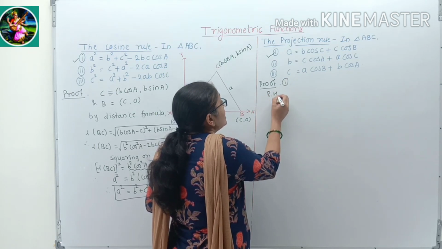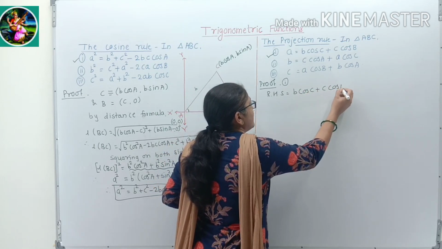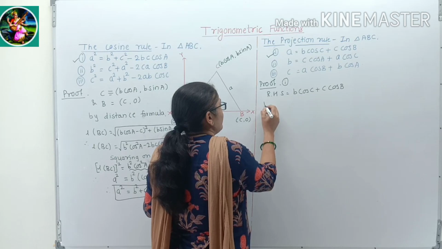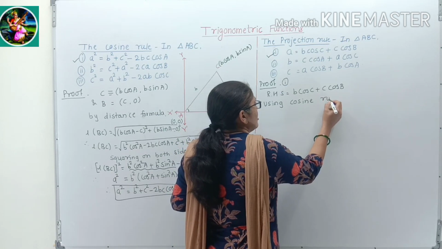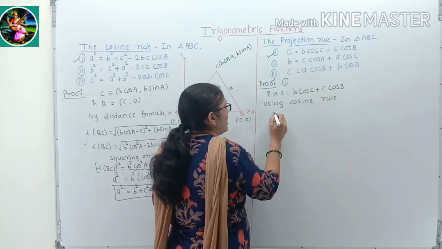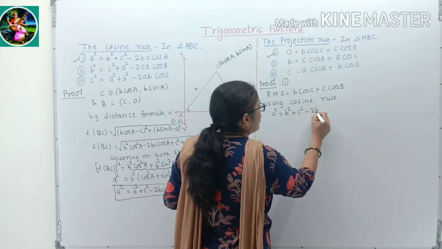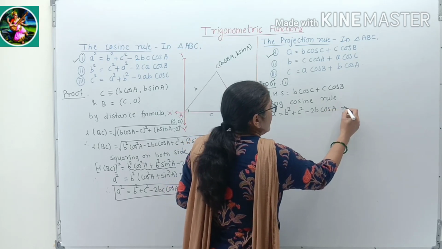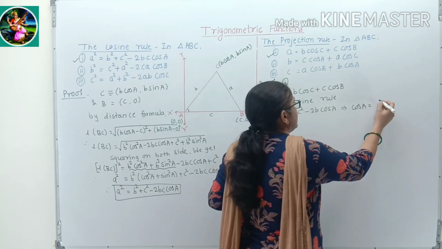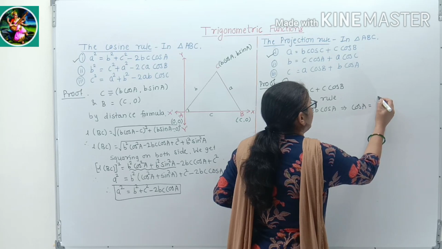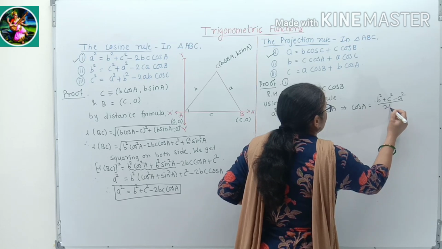That RHS is equal to b cos C plus c cos B. By using the cosine rule, the first cosine rule, a square is equal to b square plus c square minus 2bc cos A, will give cos A is equal to (b square plus c square minus a square) divided by 2bc.